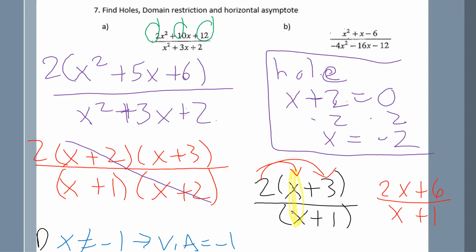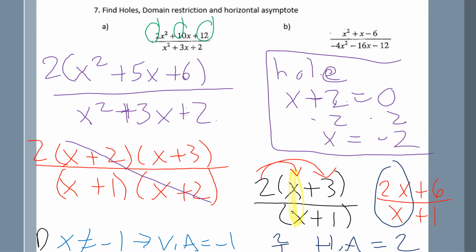Now, getting back to this. Since they have the same variable with the same exponent, that's gone. So I have 2 over 1, and my horizontal asymptote in this case, because I can simplify 2 over 1, is just 2.